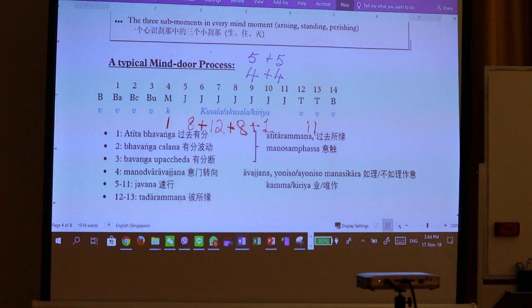About the supramundane world, the lokuttara, supramundane consciousness: there are 4 path consciousness and 4 fruition consciousness. There are 8 sublime jhana.